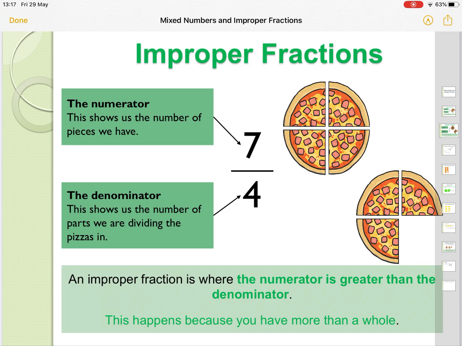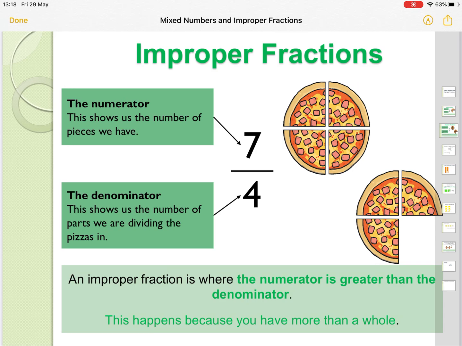Now, let's say I ate 7/4 of a pizza. That means I ate 7 parts of a pizza, so the numerator still refers to the number of parts that I ate, 7. And the denominator shows us the number of parts we are dividing the pizzas in. We are dividing each pizza into 4 parts.